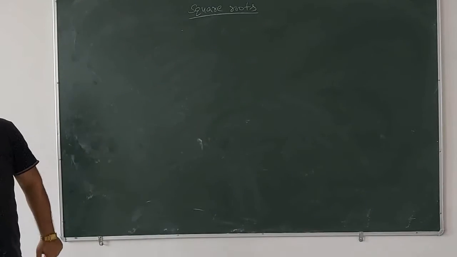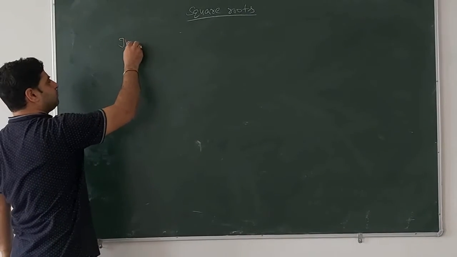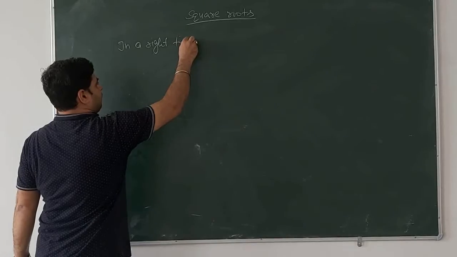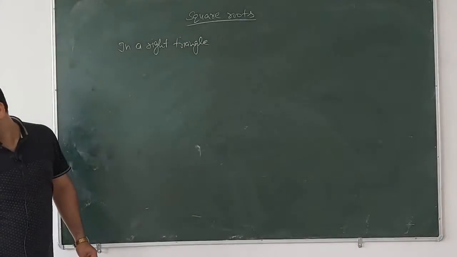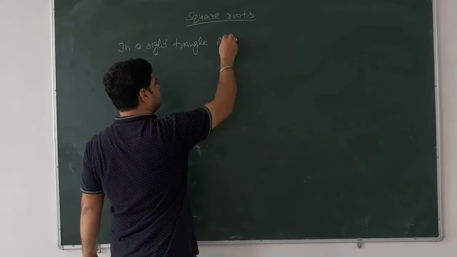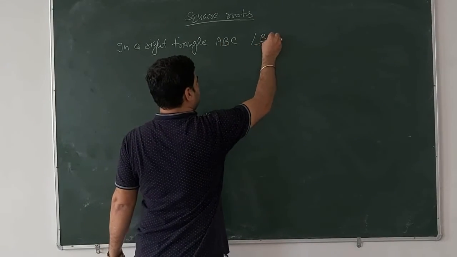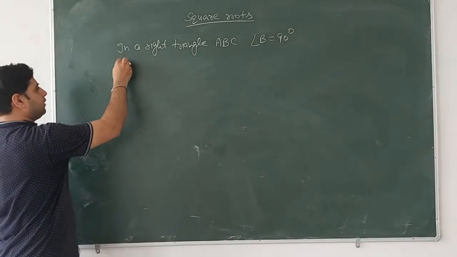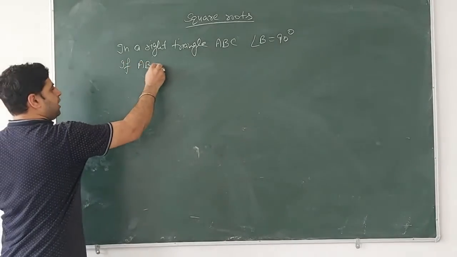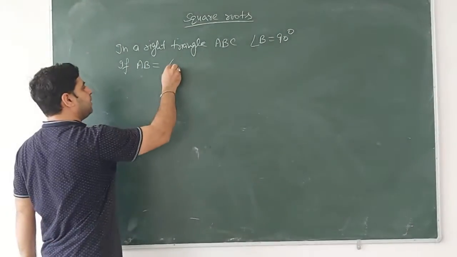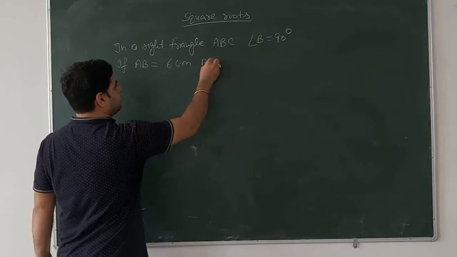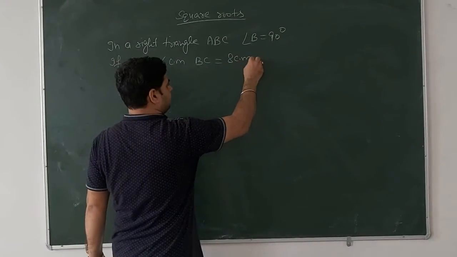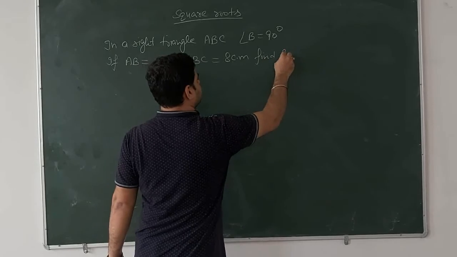Next, in a right triangle ABC, angle B is equal to 90 degrees. If AB is equal to 6 centimeters and BC is equal to 8 centimeters, find AC.